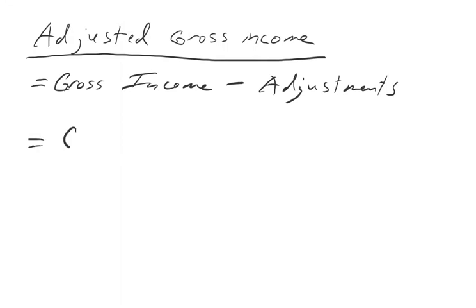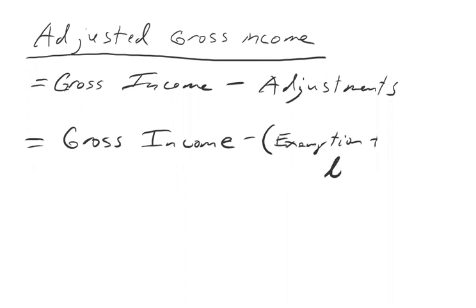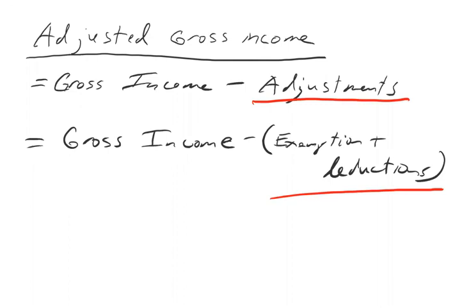Okay. And I could actually write this out. There's two types of adjustments you're going to have. It's gross income minus your exemptions plus your deductions. Okay, so your adjustments is essentially your exemptions plus your deductions.